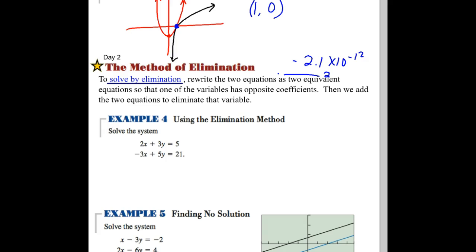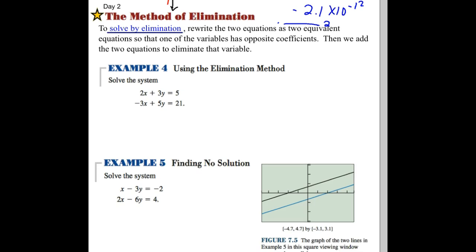So in example 4, we are going to need to multiply both equations regardless of whether we eliminate x or y. Sometimes you can get by with just doing one. In this case, it really doesn't matter. So pick one, x or y. What do you want? X. We're going to eliminate x.